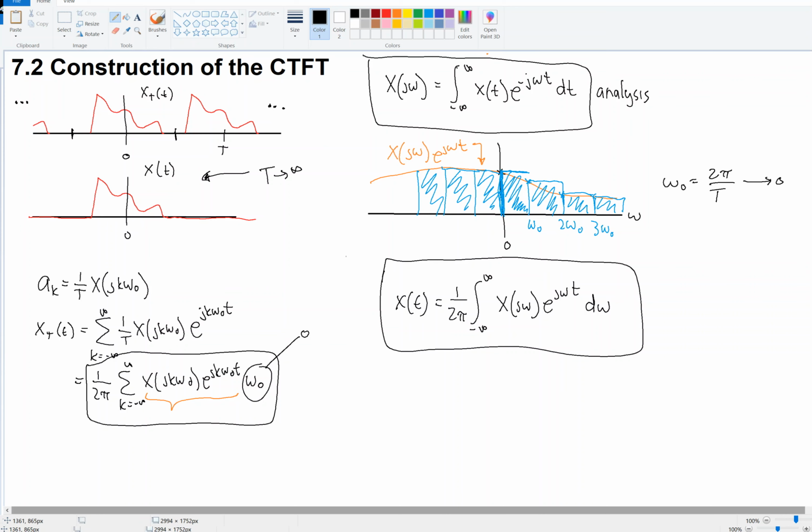An application of the Riemann sum, who would have thought? Anyway, that's called the synthesis equation. We're going to refer to that as the synthesis equation, or the inverse Fourier transform. So this is the Fourier transform, and this is the inverse Fourier transform.